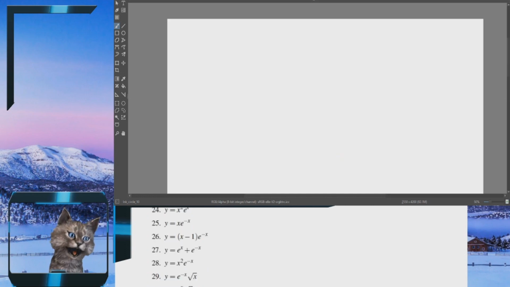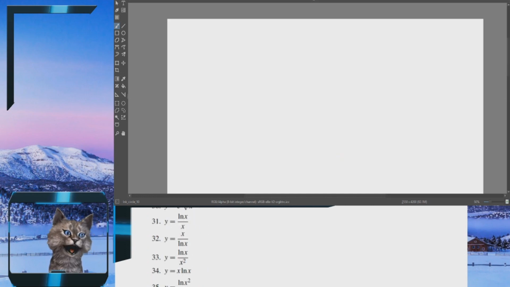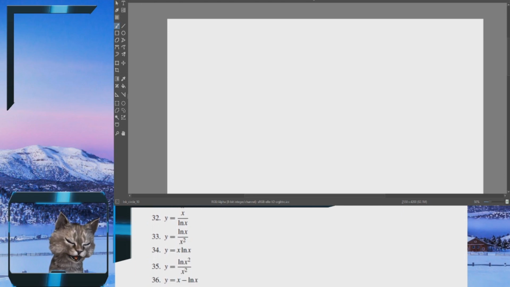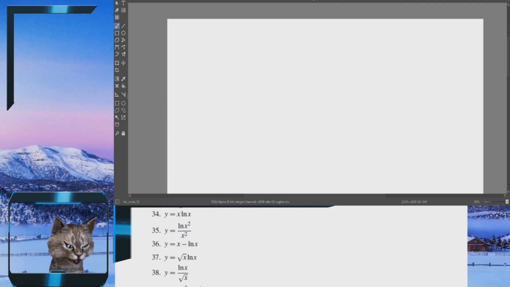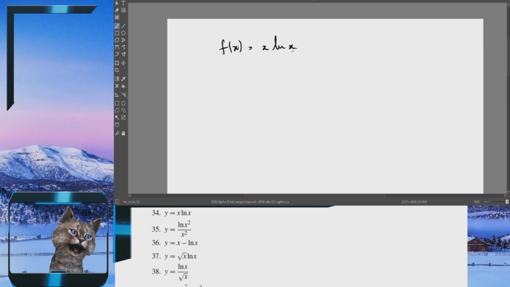Alright, the next one we're going to do is number 34. X times log of x. Let's call it f. X times natural log of x. So of course we're not doing absolute values here, so this is only defined for positive values of x because of the log component.